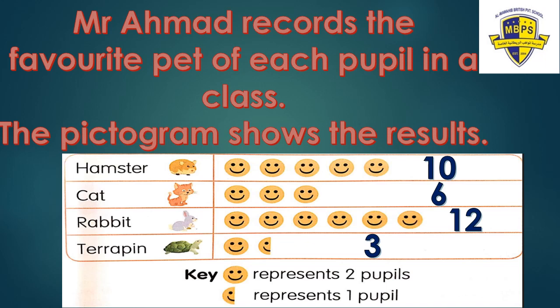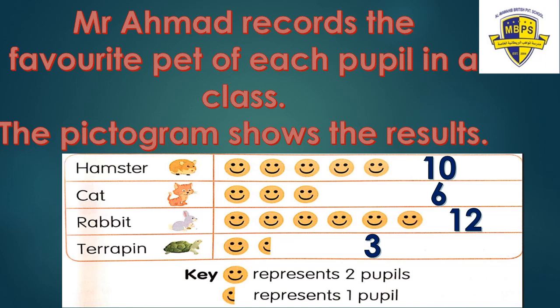Let's go to the next animal, cat. How many pupils like cat? Now how many happy faces can you see? Very good. We have 3 full happy faces. And now we are going to count by twos. Let's start, children. 2, 4, 6. So 6 pupils like cats. Very good. The next animal, rabbit. How many full happy faces do we have?